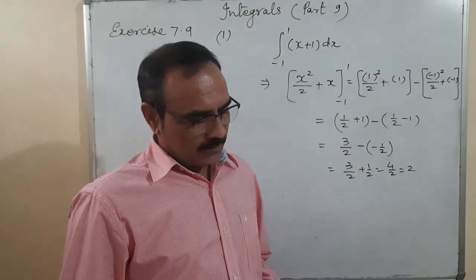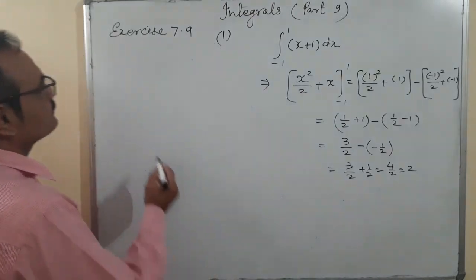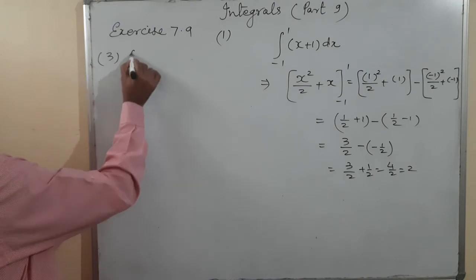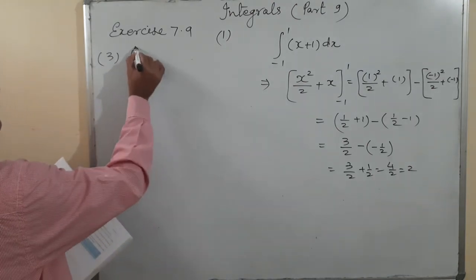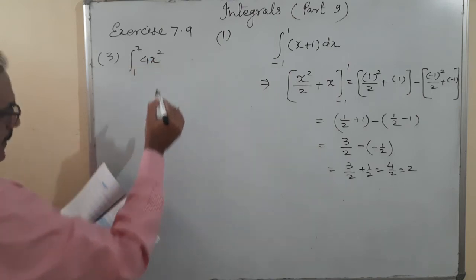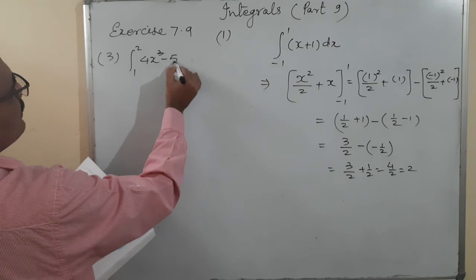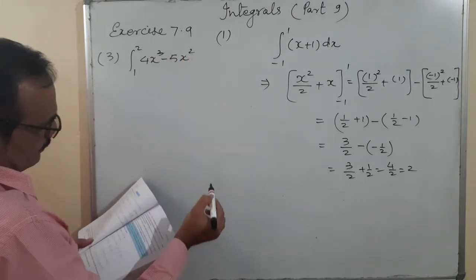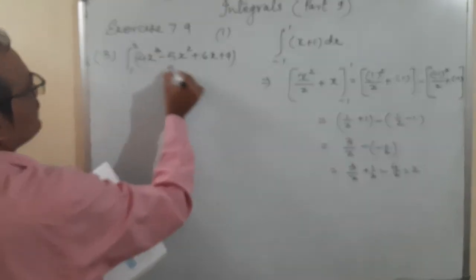Okay, now let us take question number 3. Third question: limit 1 to 2, 4x cube minus 5x square plus 6x plus 9 dx.